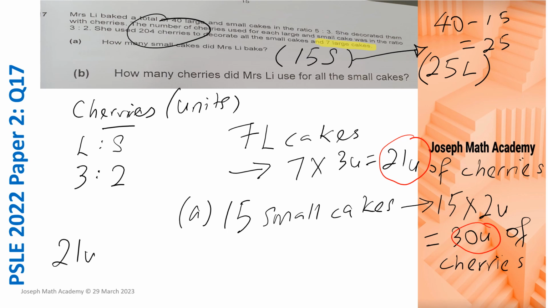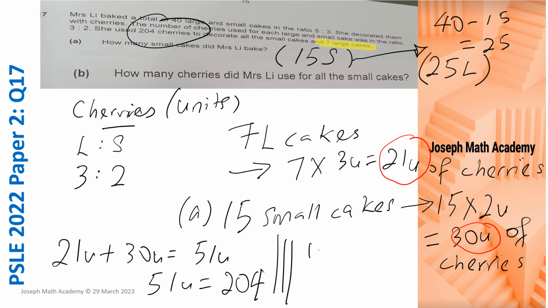So 21 units plus 30 units, that gives us 51 units. And this 51 units has to be 204. Right? So from here, I can conclude that 1 unit must be 204 divided by 51. So 204 divided by 51 should give us 4.